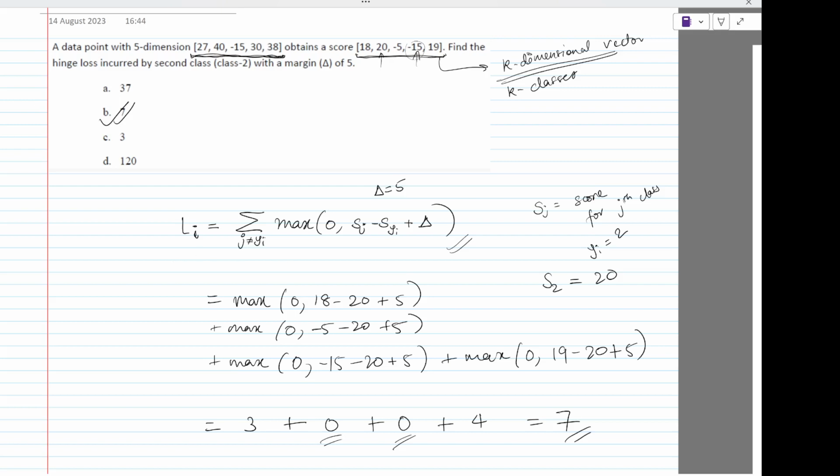So the hinge loss formula is this, where Sj is the score for the jth class. We have to consider yi equal to 2 for this particular data point i, and the delta value is also given. So you just need to know the hinge loss formula, what the terms in it are, and what you need to substitute in it.